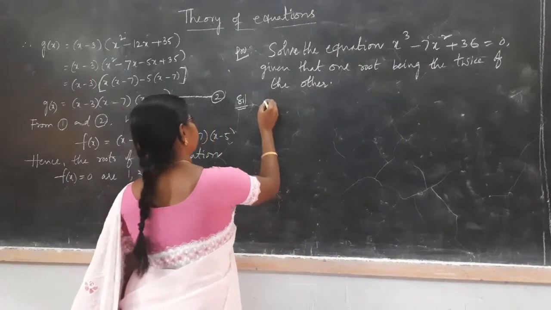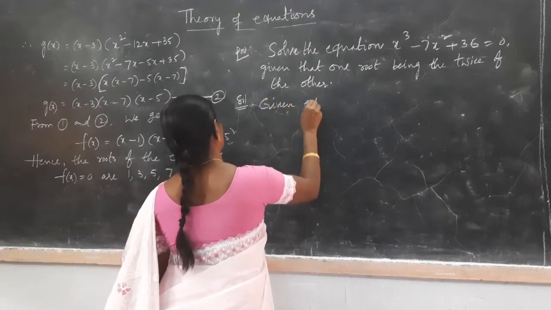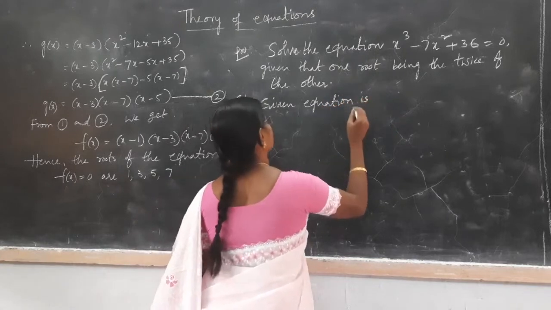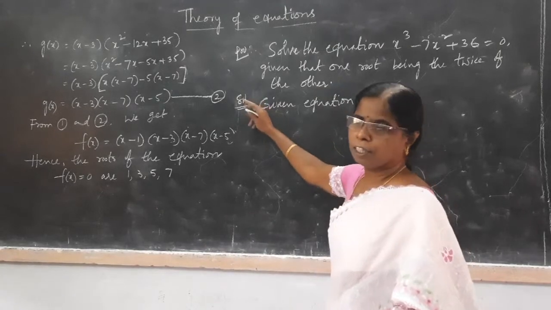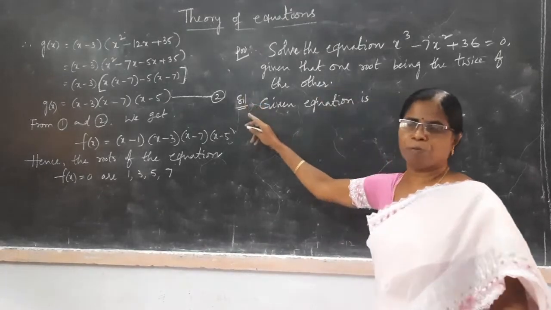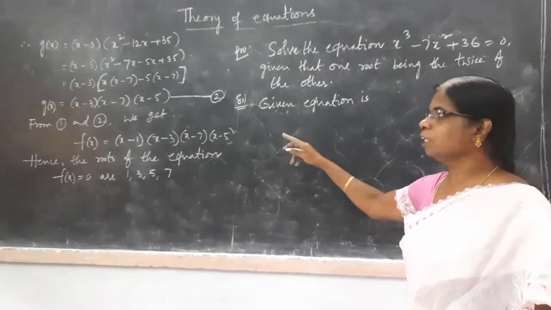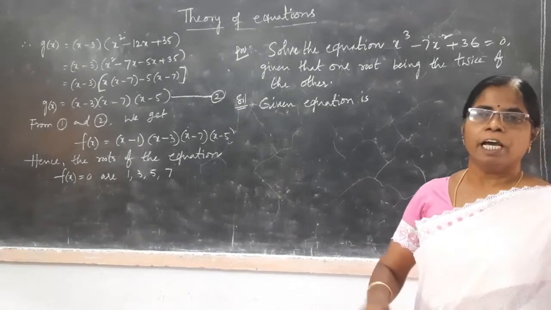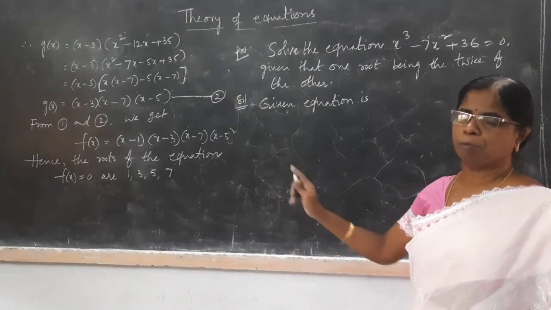See the problem. Given equation is, so what happened, see here in the earlier problem, the equation is a biquadratic equation, and sometimes it is a difficult task to find a root of the given polynomial equation by using the inspection method.